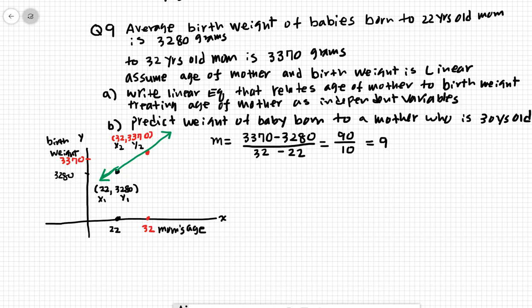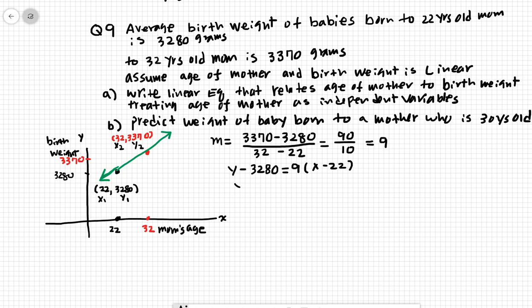We're going to use the point-slope form to find the equation. I'm going to use x1 and y1 here. So you got y minus y1, which is 3280, equals the slope 9 times x minus x1, which is 22. So we're going to put it in slope-intercept form.